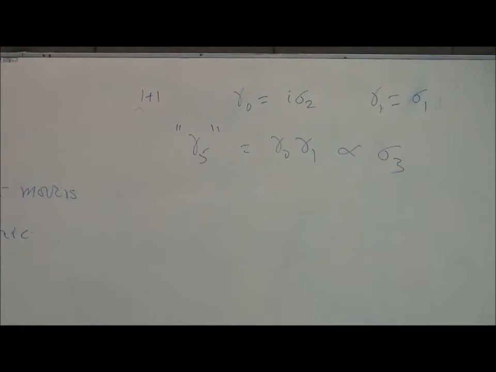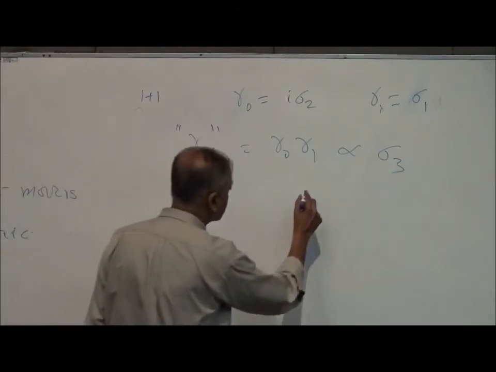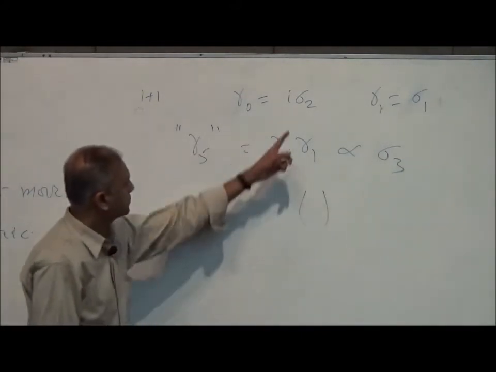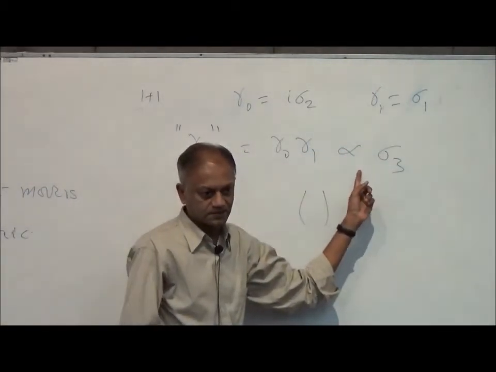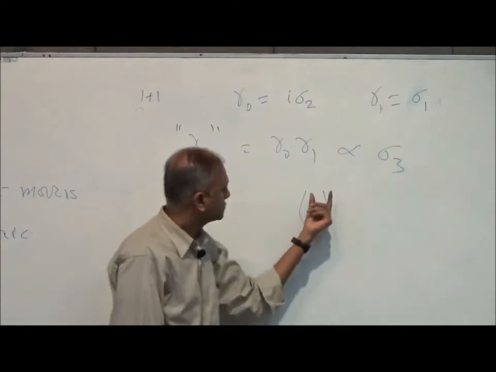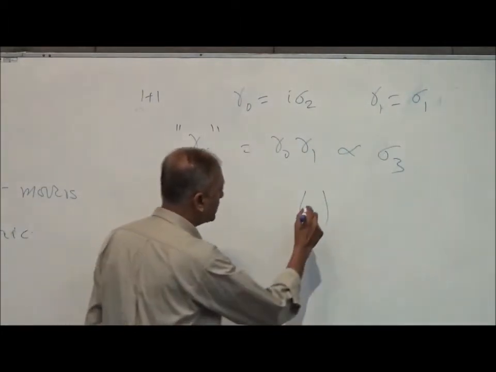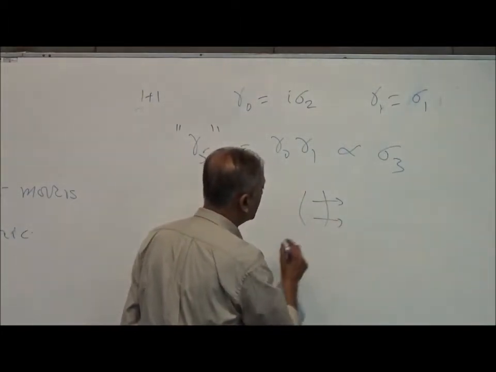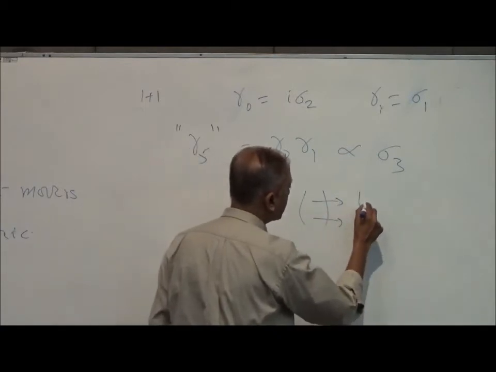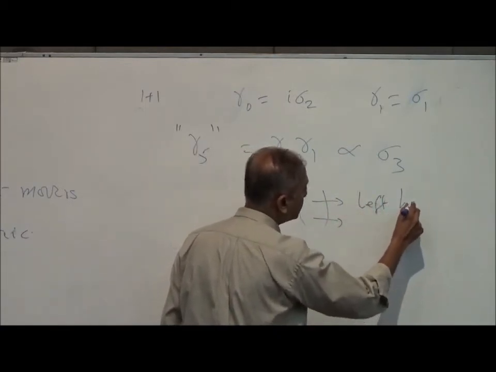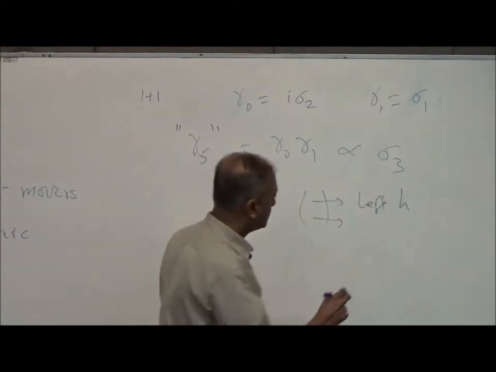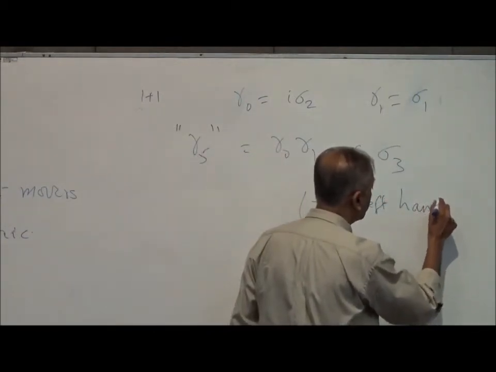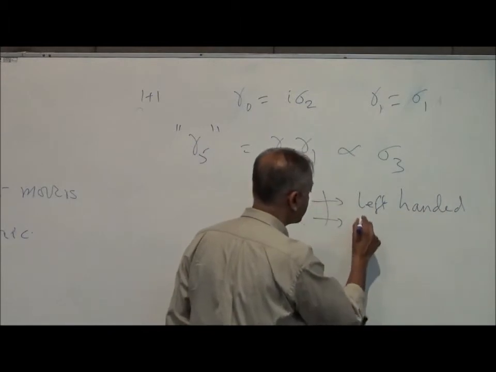So what this tells me is that the spinor is a 2-component spinor, because these gamma matrices are all 2 by 2 matrices in 2 dimensions. So it has an upper component and a lower component. One component is, say, left-handed, not left movers, left-handed in the sense of chirality, and the other one is right-handed.